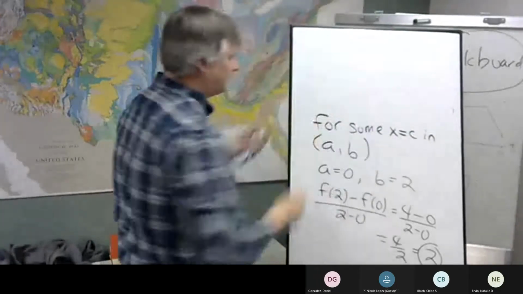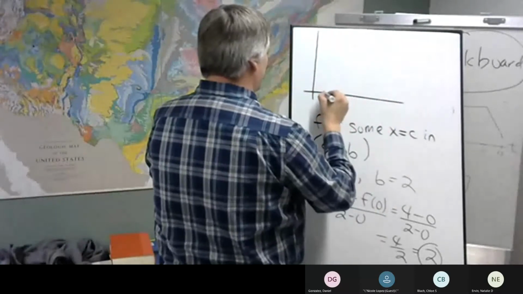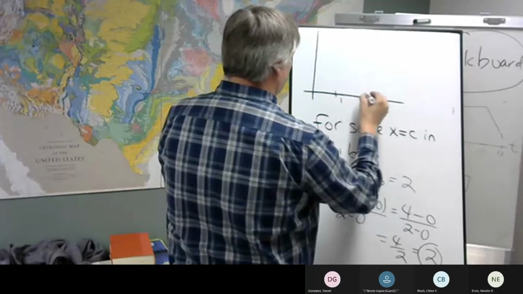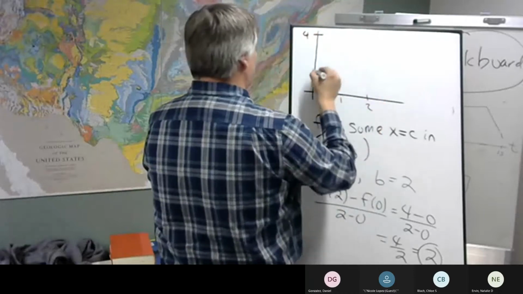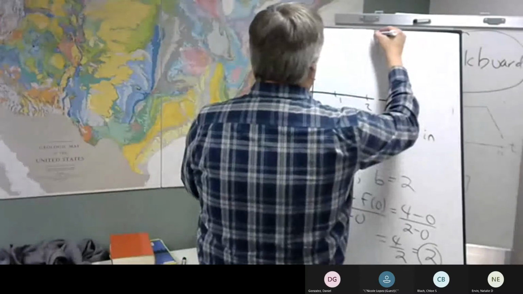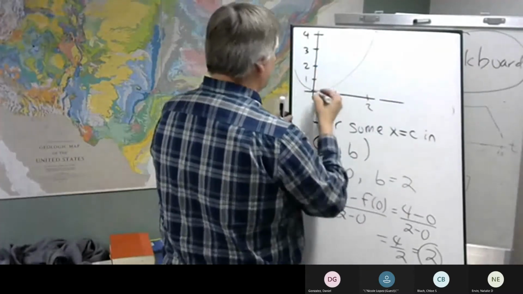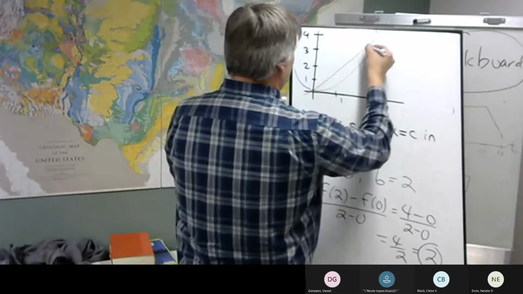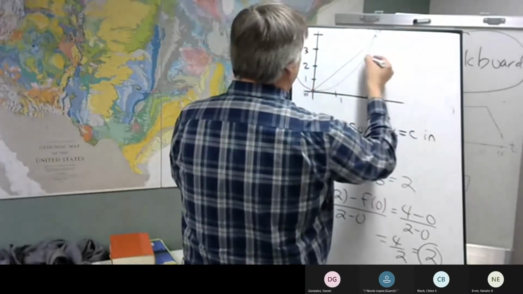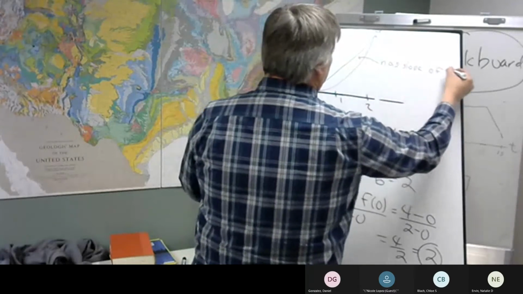So draw a picture of what this is. We're talking about a line passing through here. This line has a slope of 2.